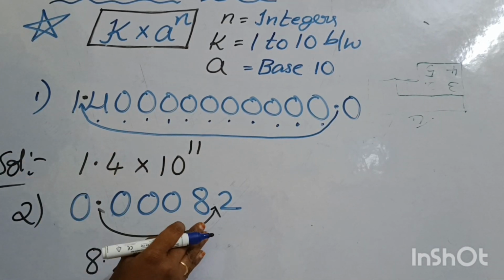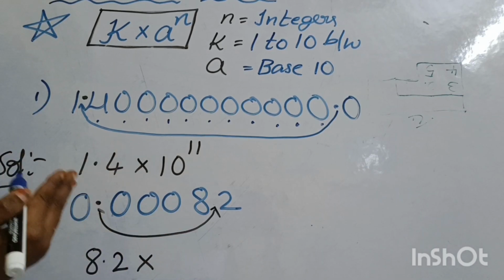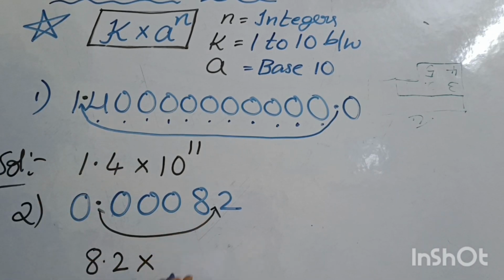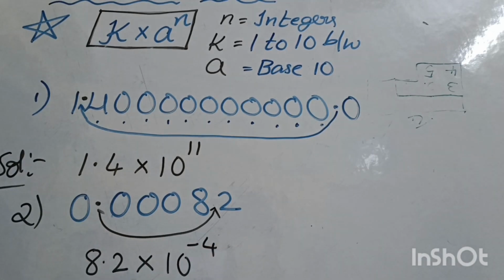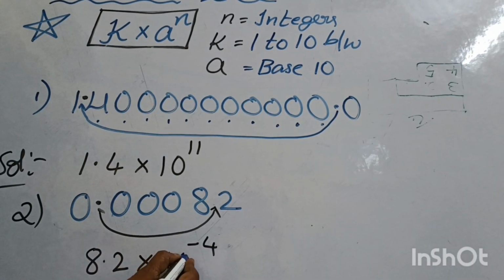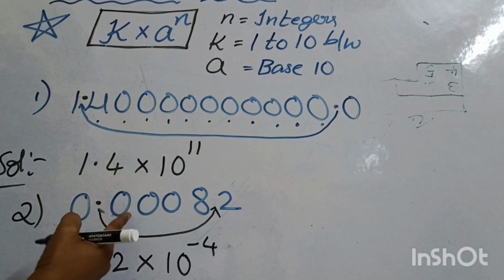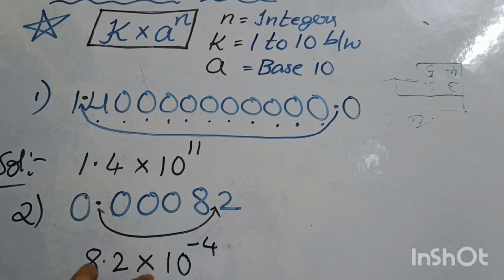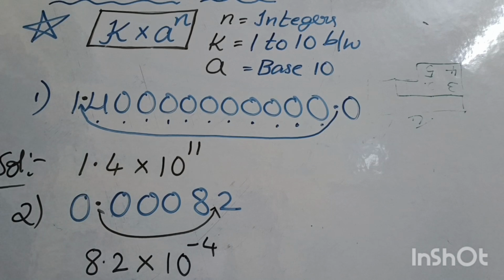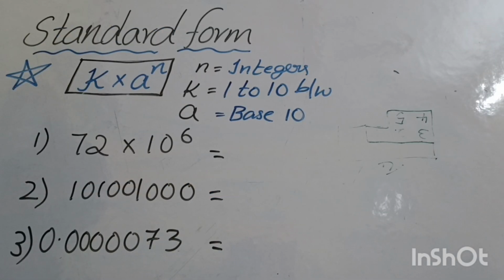So whenever we are moving left to right, children, we have to write the power as negative. Okay, 10 power minus 4. See, so the standard form of this number is 8.2 into 10 power minus 4. Clear everyone? Right? Yeah.